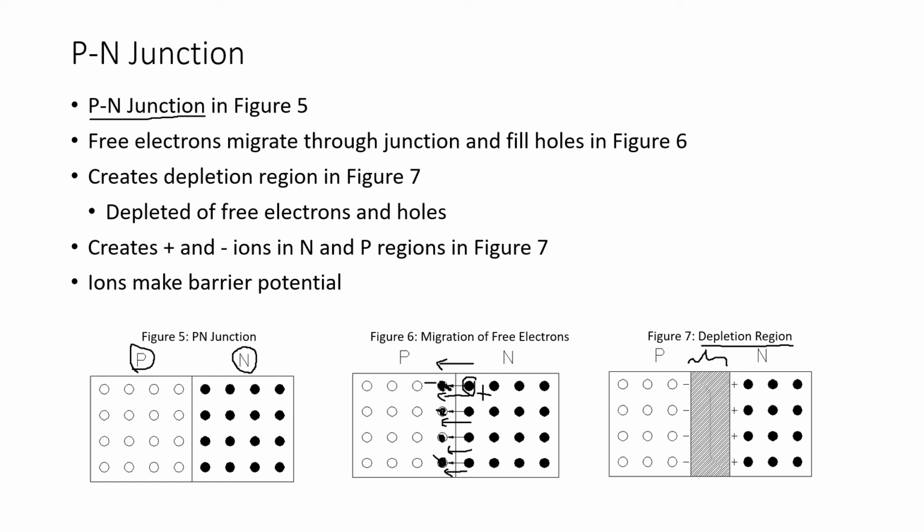So existing on both sides of the depletion region are positive ions over here and negative ions over here. And this creates what we call a barrier potential. And for silicon, that barrier potential is approximately 0.7 volts, and that barrier potential is simply due to the electron volt level associated with an electron leaving the valence orbit of a silicon atom.